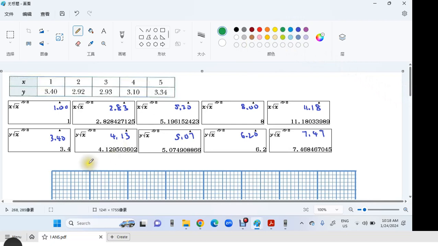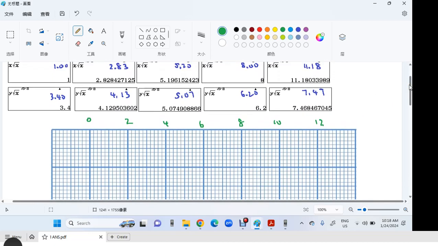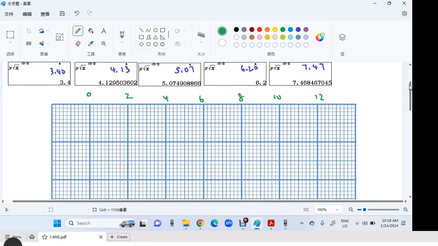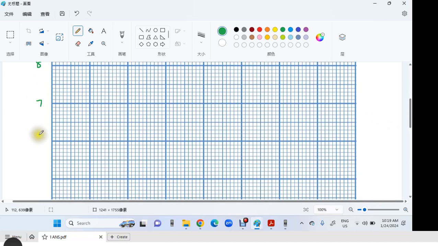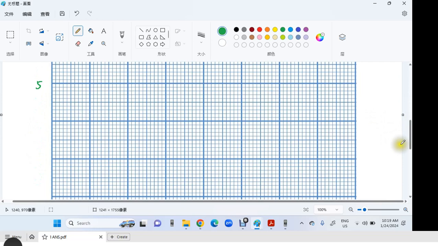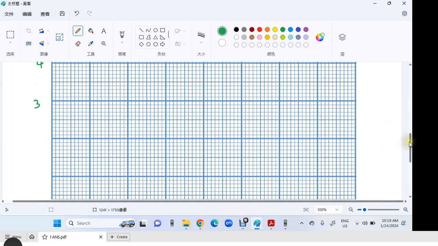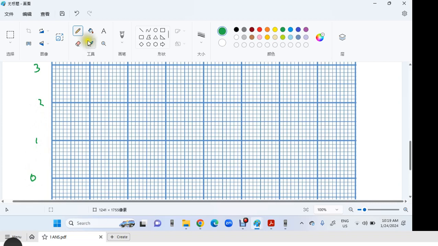So let's say we have 0, 2, 4, 6, 8, 10, 12. Then for the Y here we have 8, 7, 6, 5, 4, 3, 2, 1, 0.